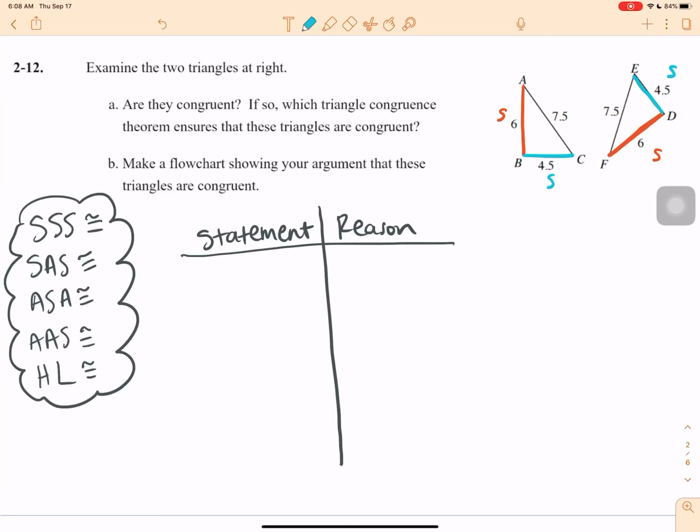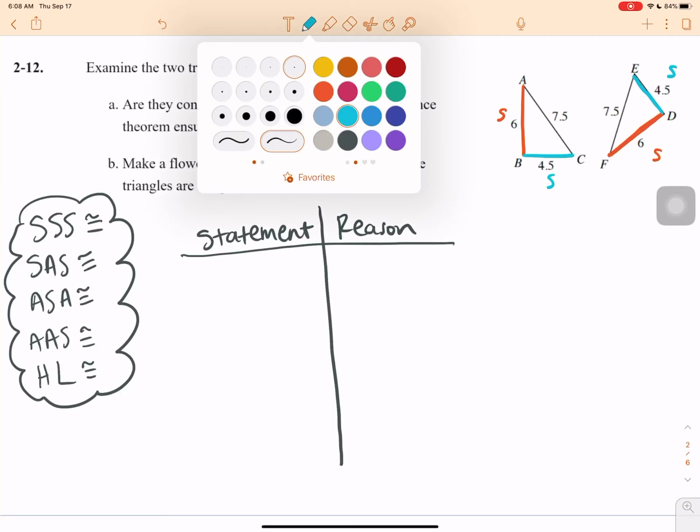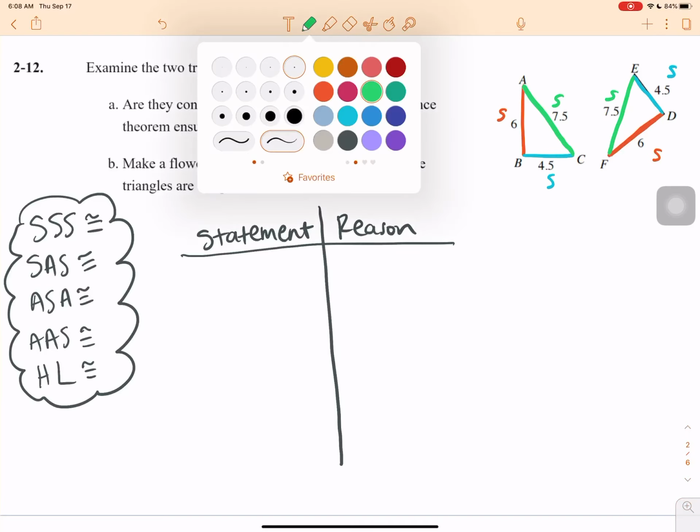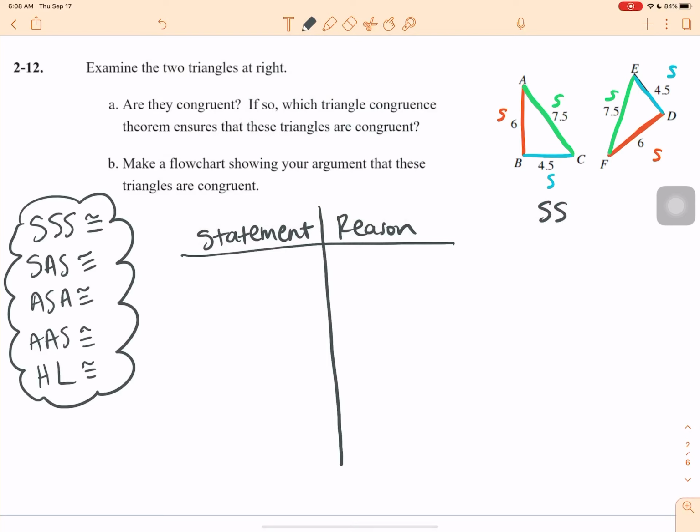Alright, so another side that's congruent, we have CA is congruent to EF. Okay, and that's another side. So it's looking pretty good here. It looks like we have side, side, side congruency.